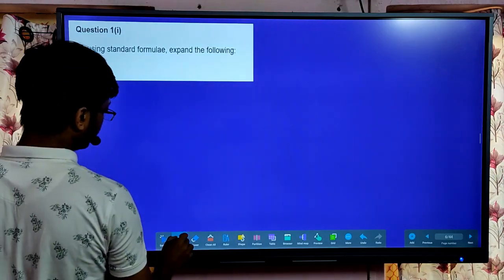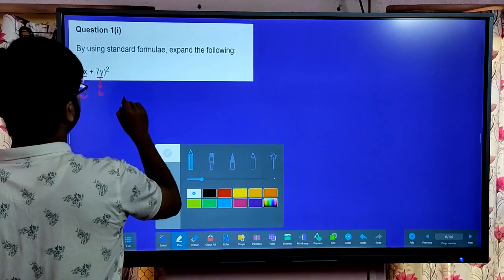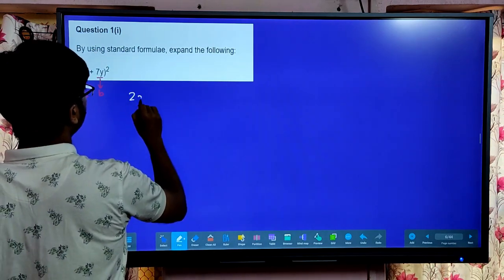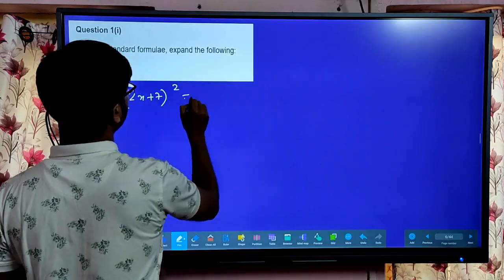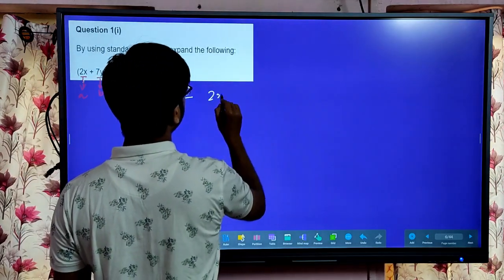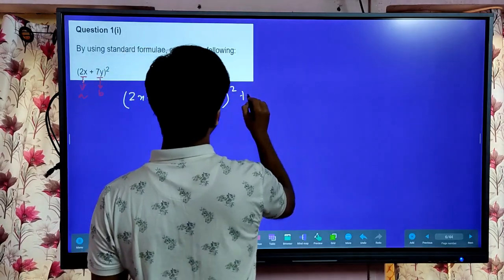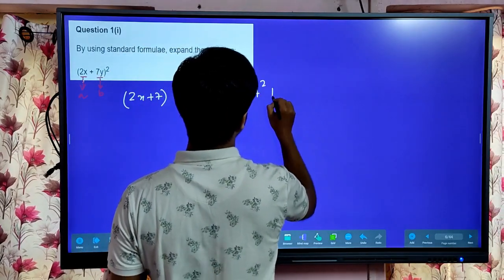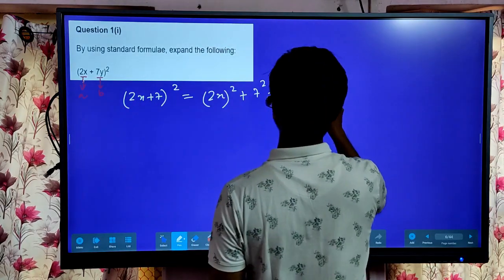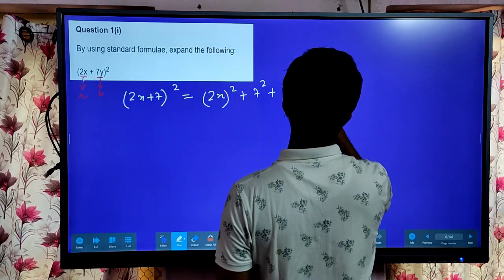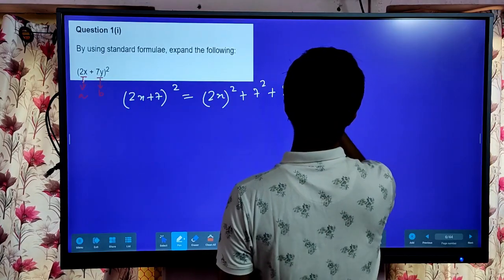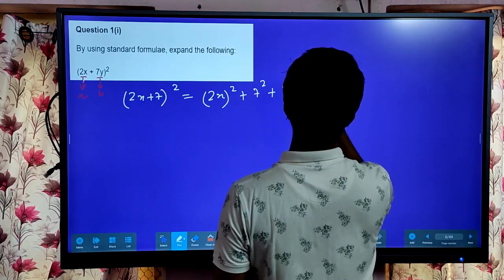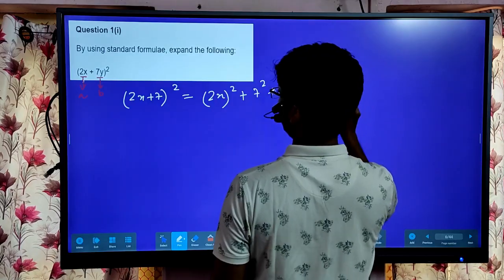So let us write the formula. (2x + 7y) whole square will be equal to a square, a is 2x, so (2x) square, plus b square plus 2ab. 2x into 7y, 2 into a into b.